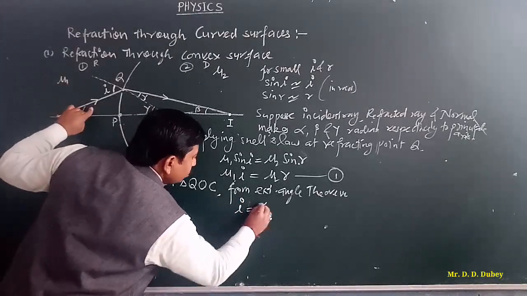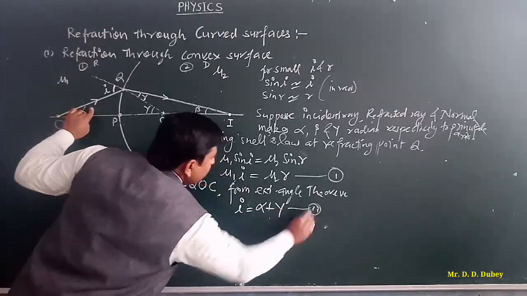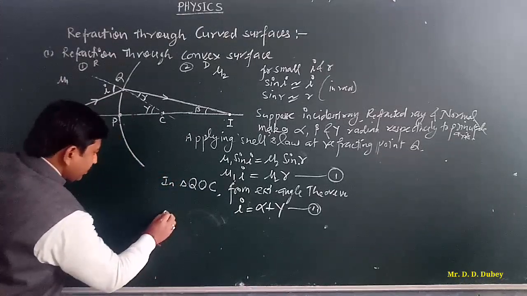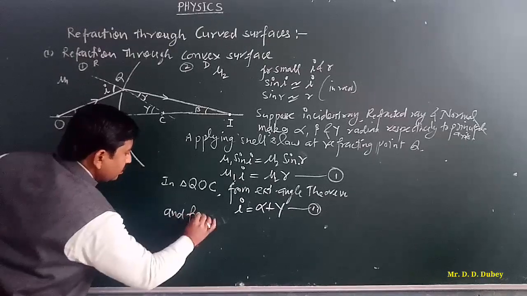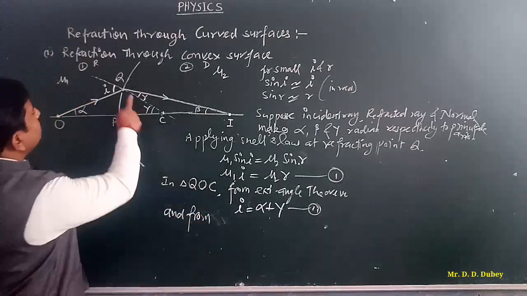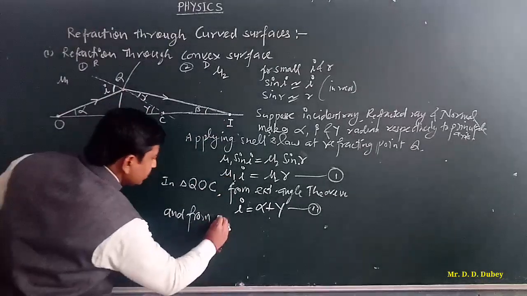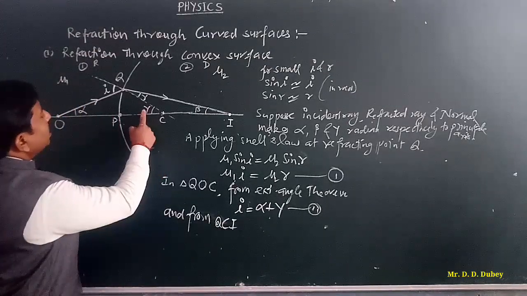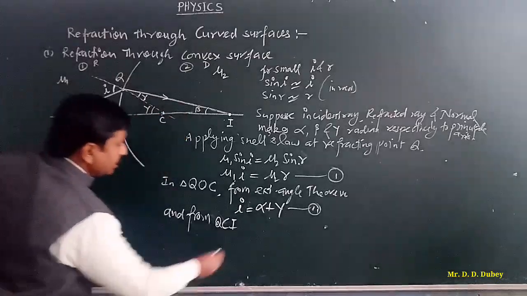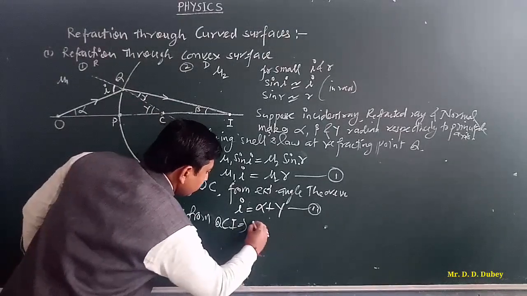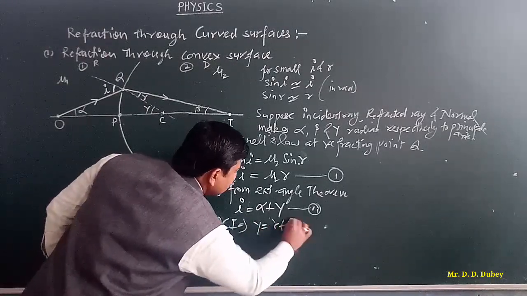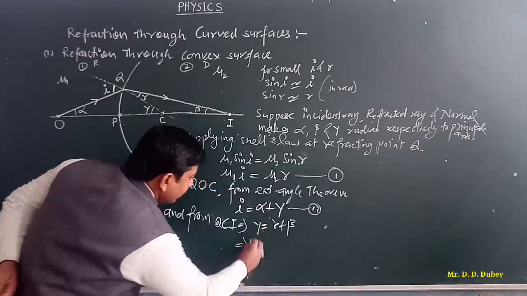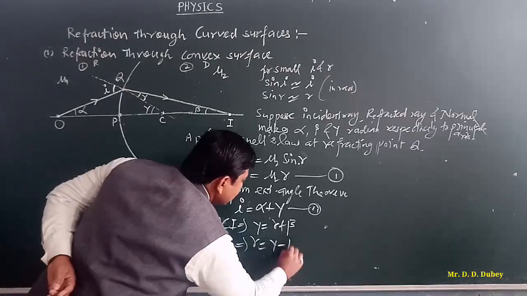This is equation 2. From the triangle QCI we find that gamma is equal to R plus beta, which after rearranging gives R is equal to gamma minus beta.